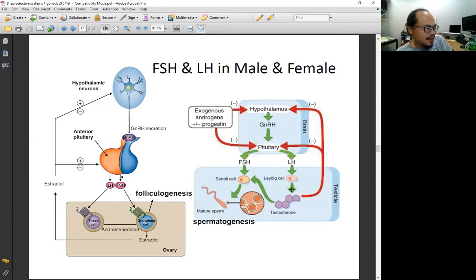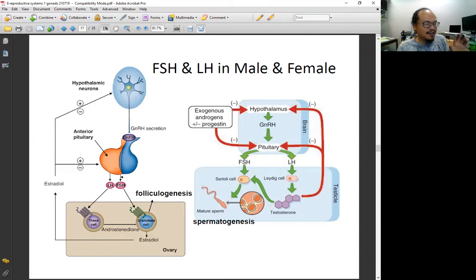LH acts on the Leydig cells to produce the sex hormone. The LH in female will act on the theca cells. I did not mention this name before, but now you see it. Theca cells don't directly produce the female sex hormone, but they produce androstenedione, which goes through the granulosa cells to produce the estrogen.